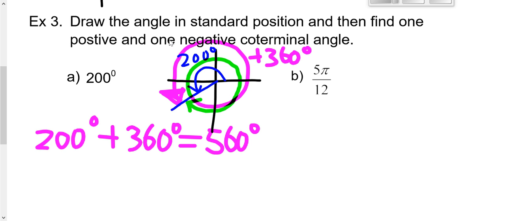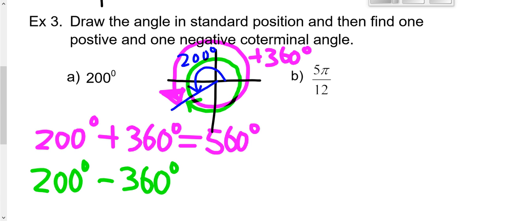So 200 this time, because we went clockwise, in math we say it has a negative value. So 200 minus 360 gives you negative 160 degrees.